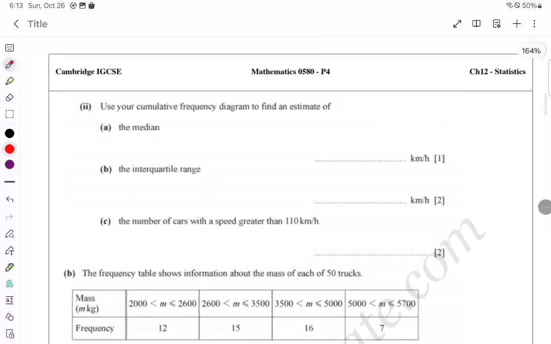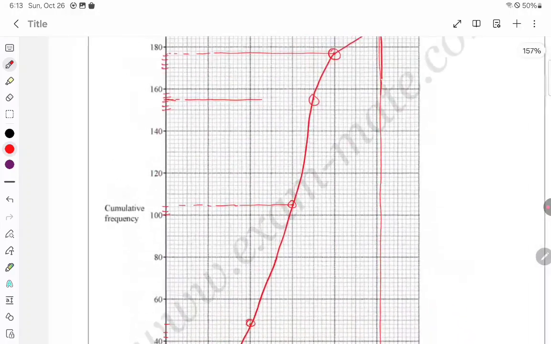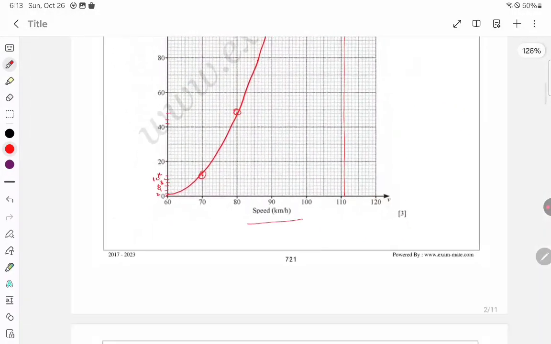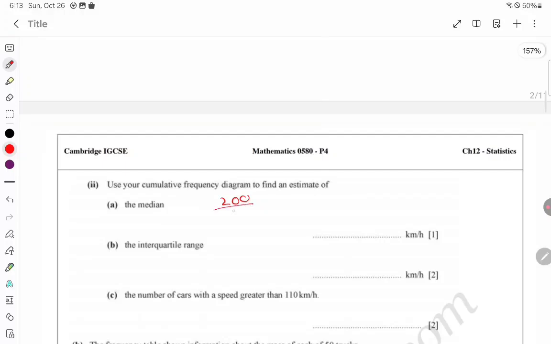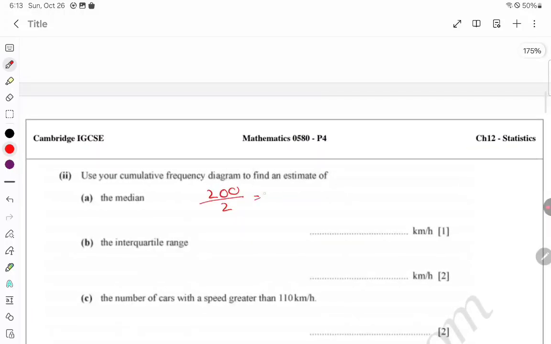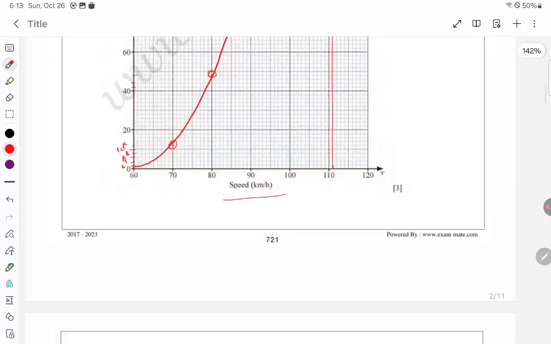In part 2 of question 39, use your cumulative frequency diagram to find an estimate of the median. For the median, the highest cumulative frequency is 200 on the y-axis of the graph. We divide 200 by 2 because it is the middle term. It will give you the 100th value.